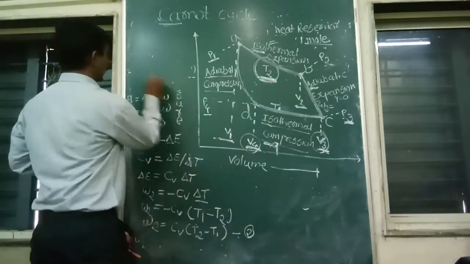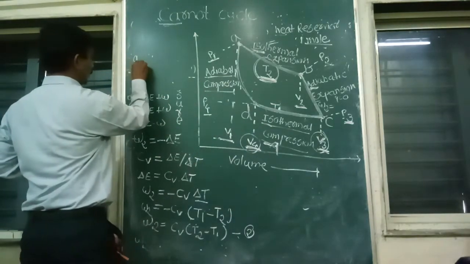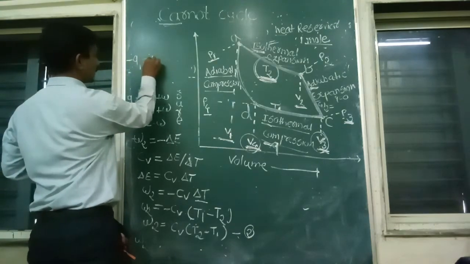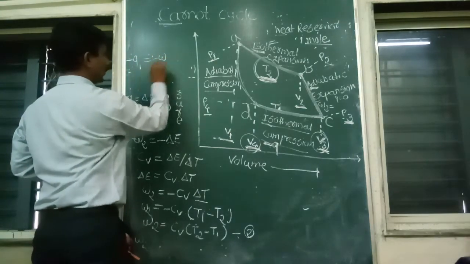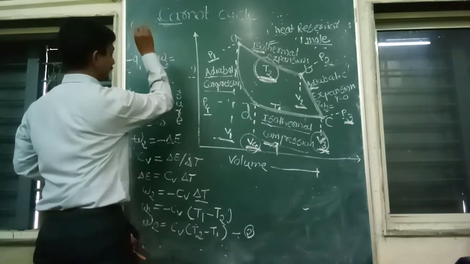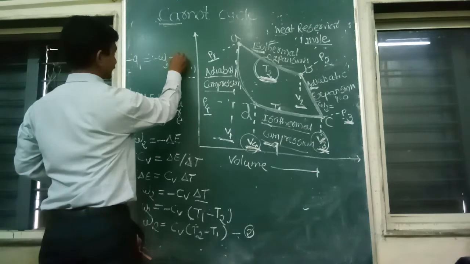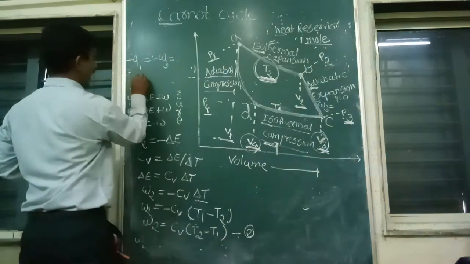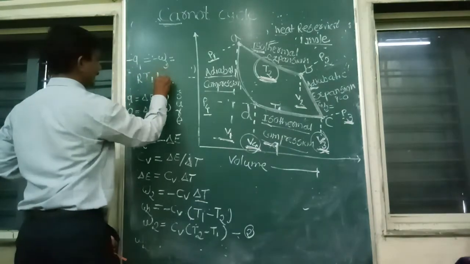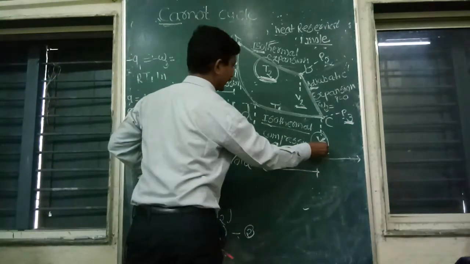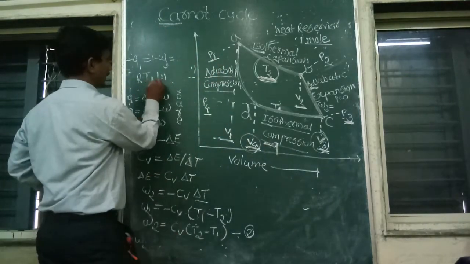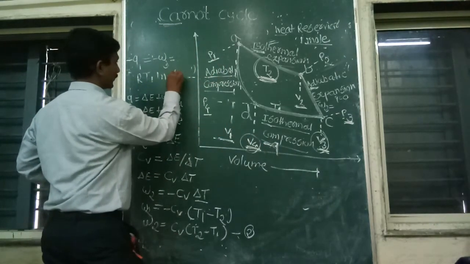So minus Q1 is equal to minus W3, which is equal to RT1 ln volume. V3 is the initial volume and V4 is the final volume. So RT1 ln V4 by V3.